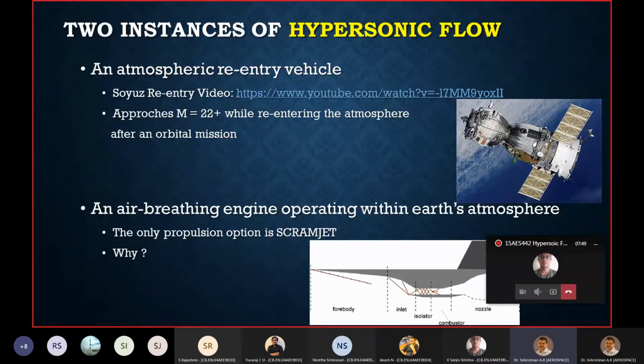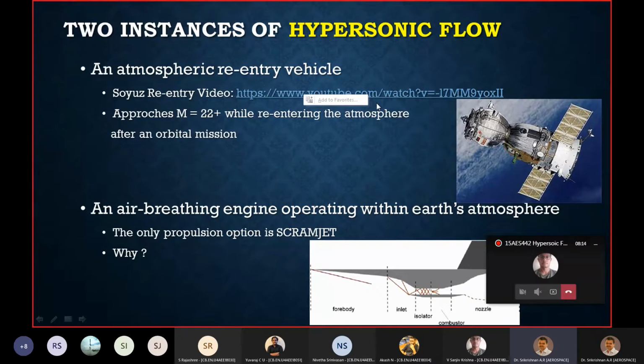The link here shows Soyuz re-entry. I have attached that link towards the end, so I would request that you go through it. I will try to play it at the end of the class, but because the audio is also important in that, I request that you please go through it as soon as I upload the document here.